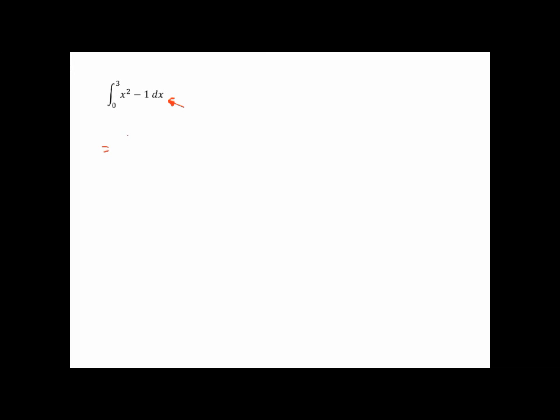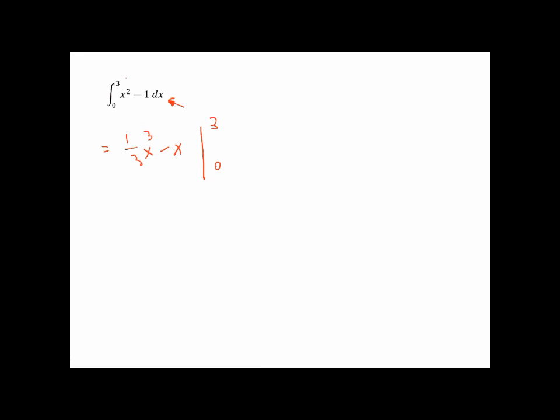Okay, let's see. This one is 1/3 x cubed minus x from 0 to 3. It's still easy because you just plug 3 and plug 0 in. But later, the problems are going to be more complicated.